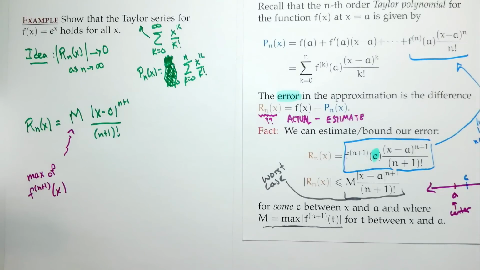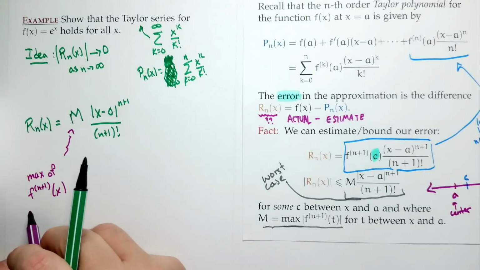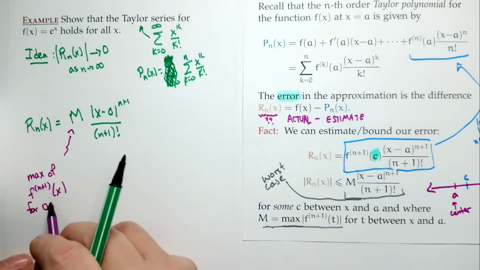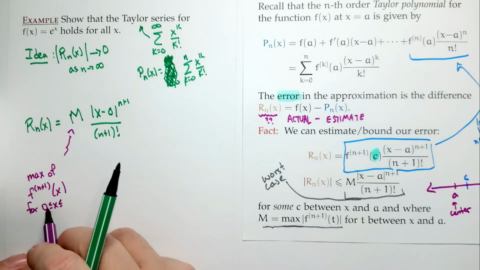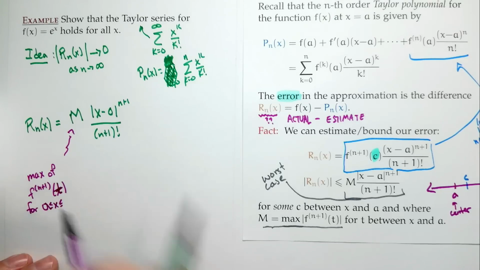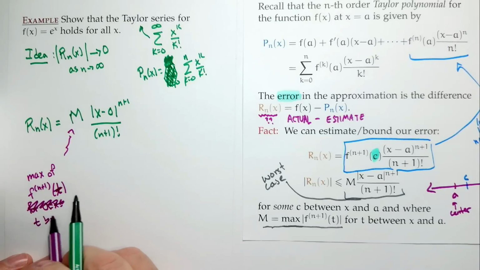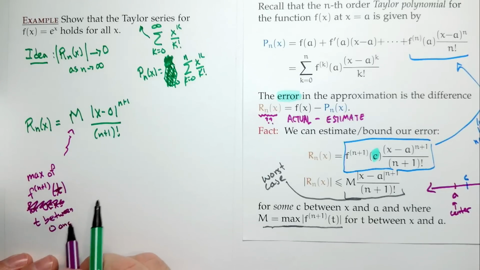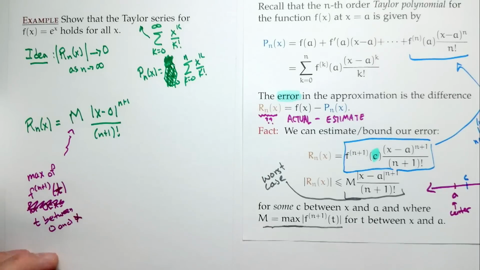Now, here's where e to the x comes in really helpful. Let me match what it says here: the n plus first derivative of f at t between 0 and x.